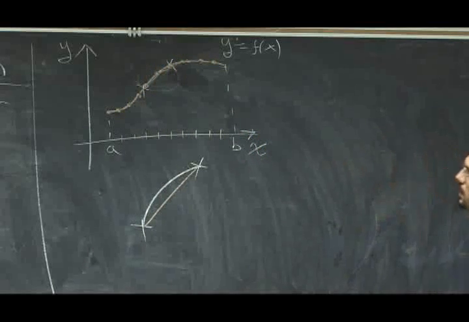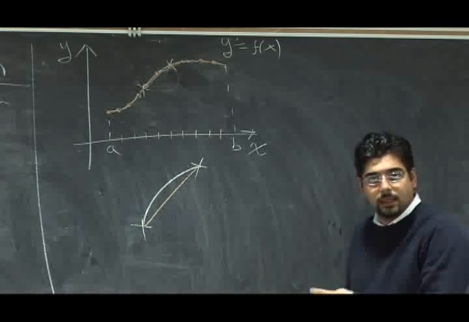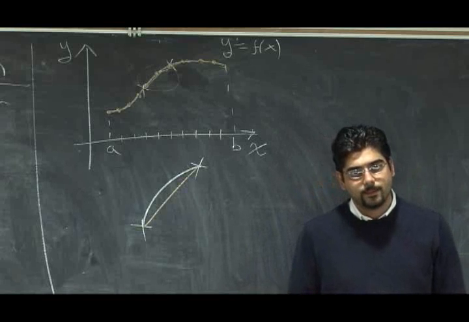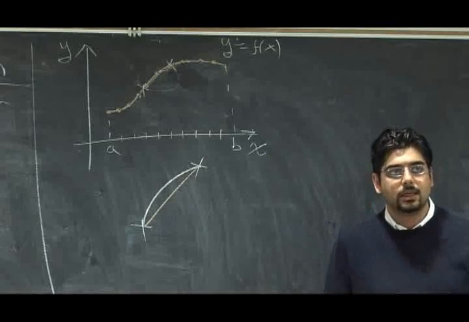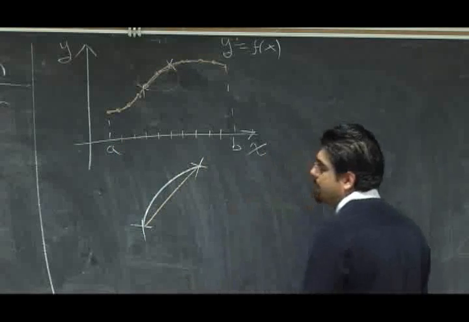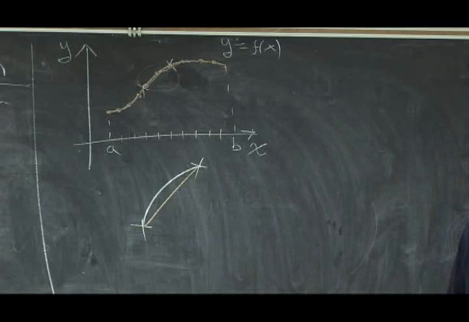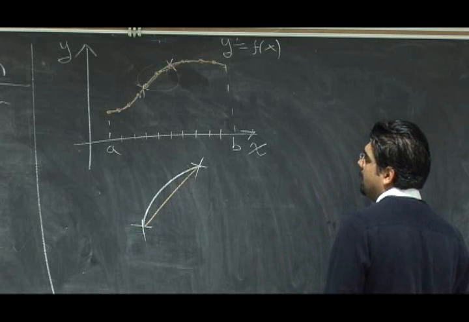Those orange things are segments. And as you can see from back there, there isn't much difference between the line segments and the curve. If you zoom in, you'll see there is some discrepancy. But if you make the intervals have smaller and smaller lengths, then your approximation will be better and better. Okay, so let's try to work this out.